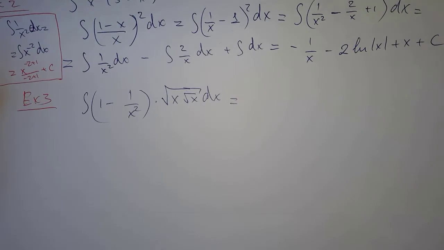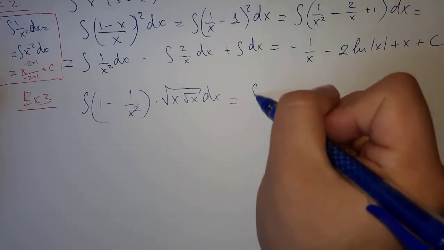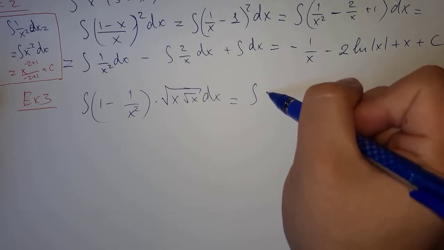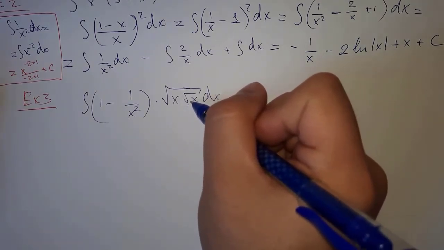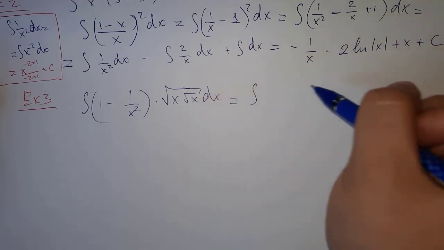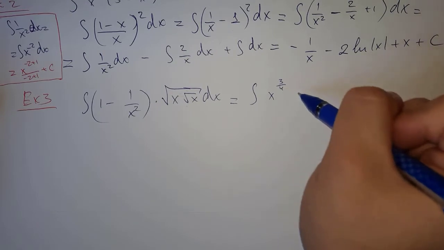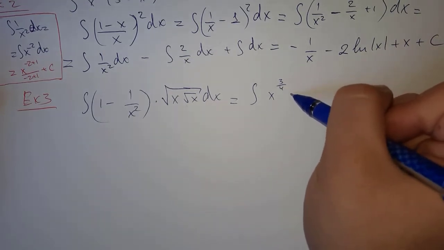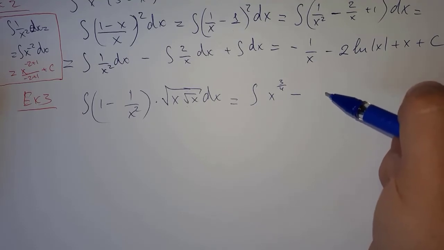Here again, we will open these brackets. So this is x to the 3 over 4th degree, so times 1 it will be x to the 3 over 4th degree. And the minus here, 3 over 4 minus 2.